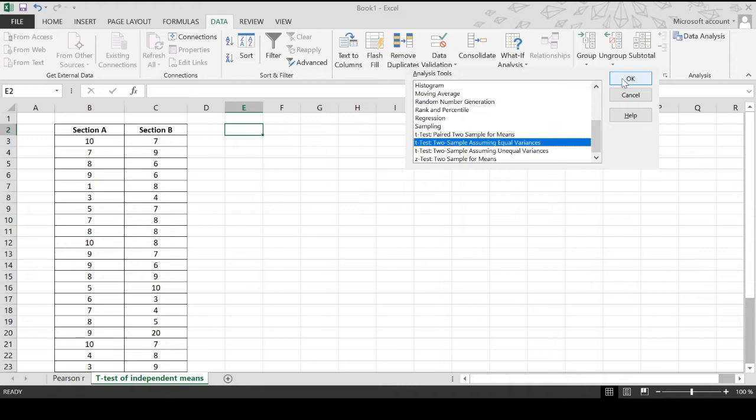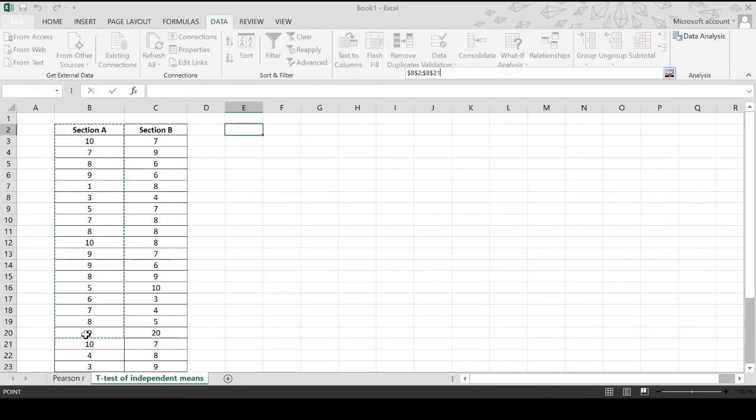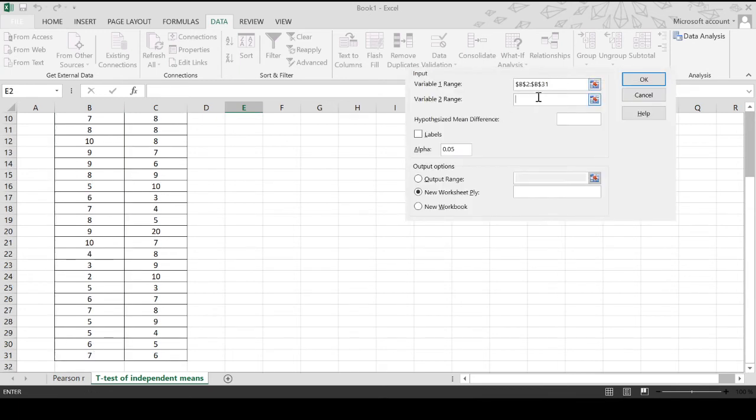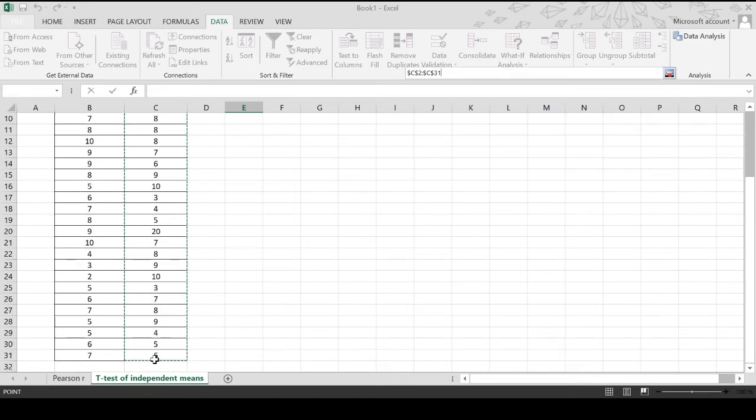Just click it, and another prompt window will appear. For variable 1, you choose section A. Just highlight it. Next, for variable 2, you choose section B. Just highlight it.